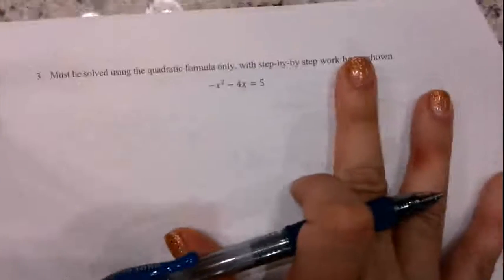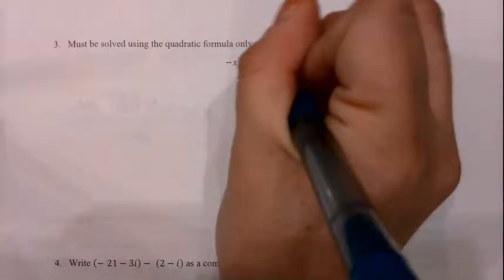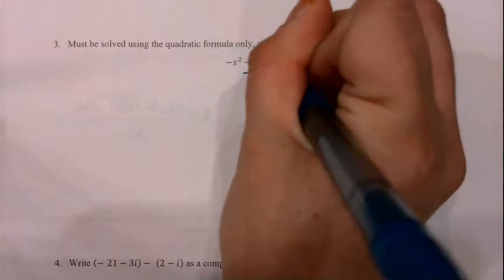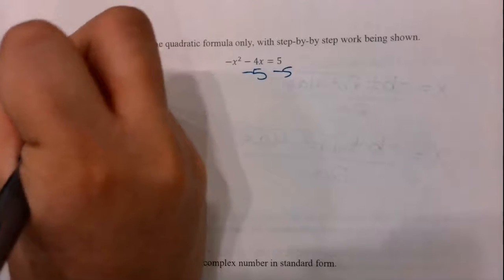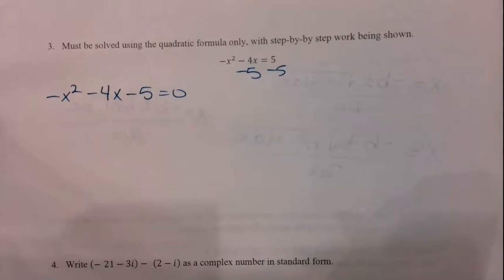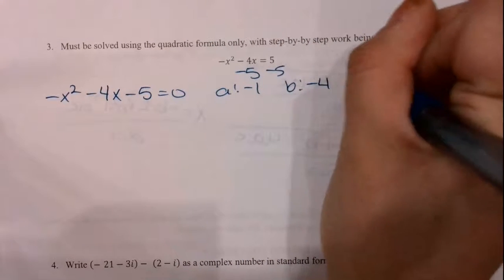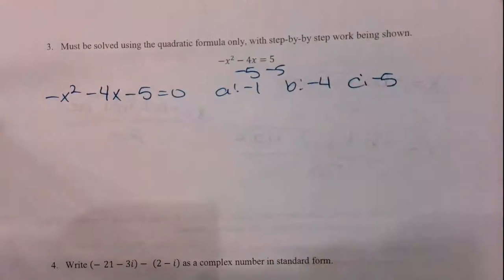this one only wants me to use the quadratic formula. So I first want to get this equal to 0, so I'm going to subtract 5 on both sides. Then I get negative x squared minus 4x minus 5 equals 0. I want to label my a, b, and c. My a is negative 1, my b is negative 4, and my c is negative 5.